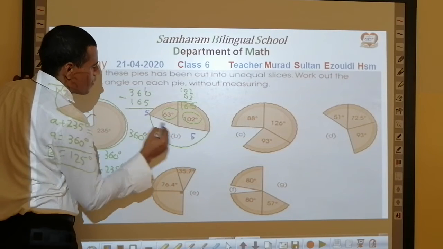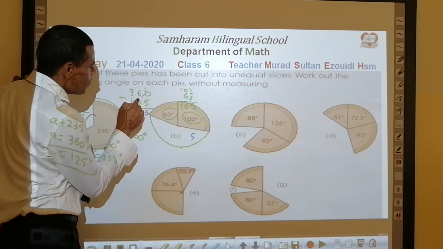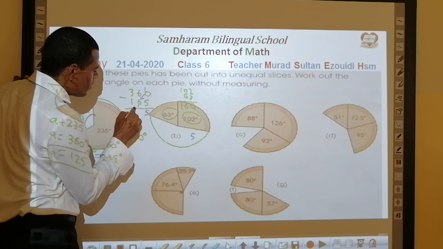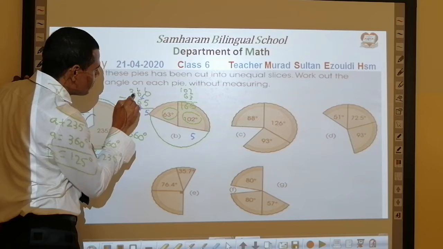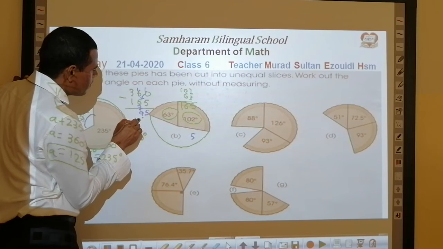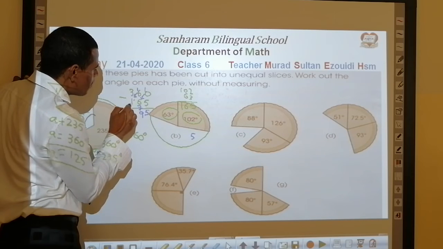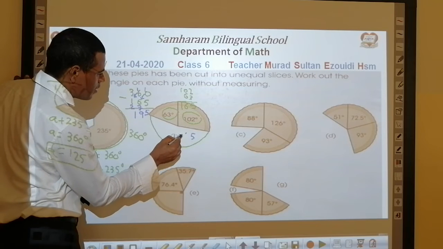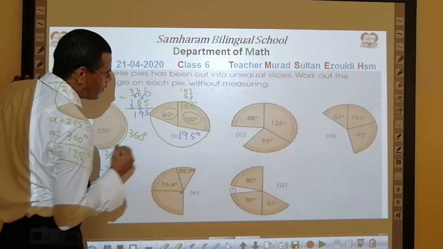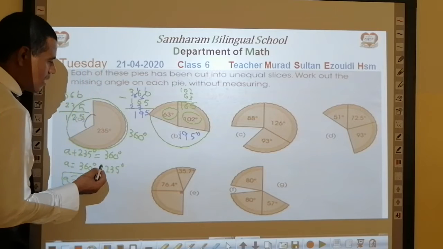Then this one I will add it with the 6. 6 plus 1 is 7. 6 minus 7 not possible. 16 minus 7 is 9. Then the 1 I will add it with 1. It will be 2. 3 minus 2 is 1. So it will be 195 degrees.